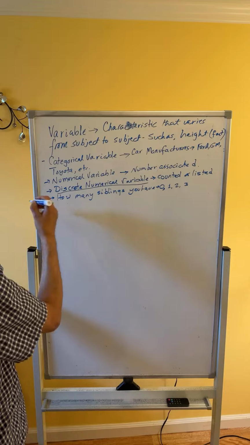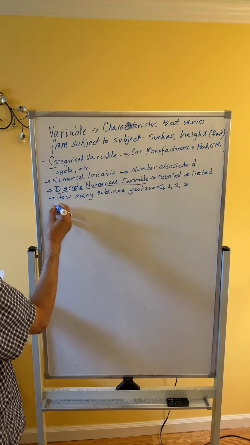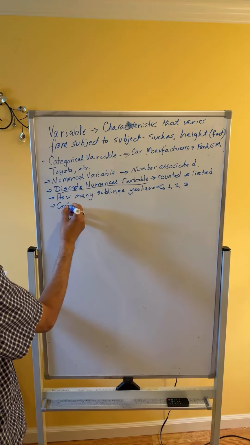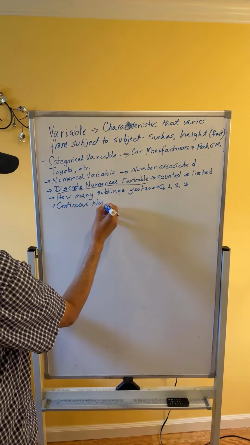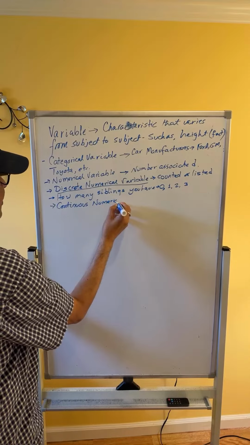The other type of numerical variable is called a continuous numerical variable. And this is something that is measured.